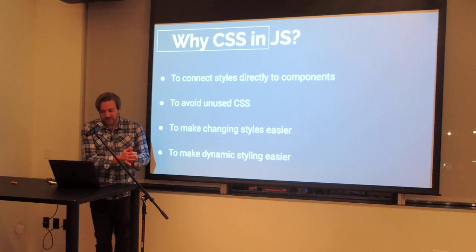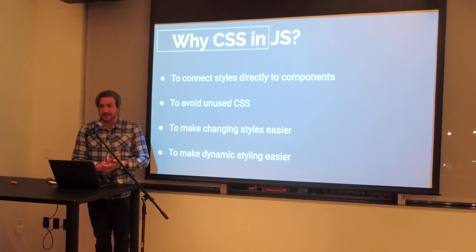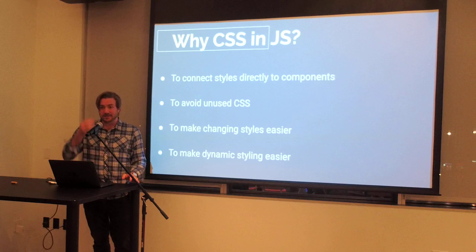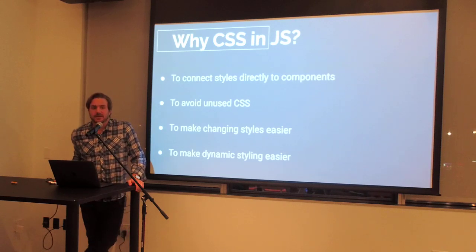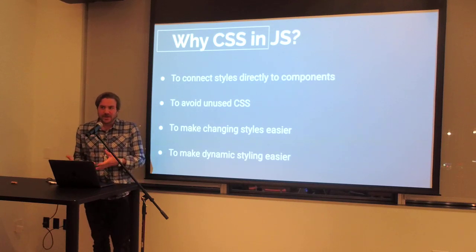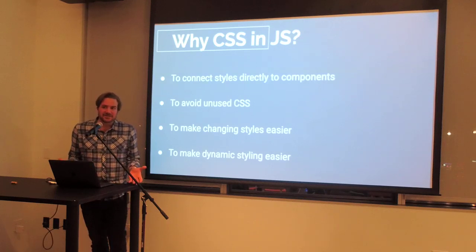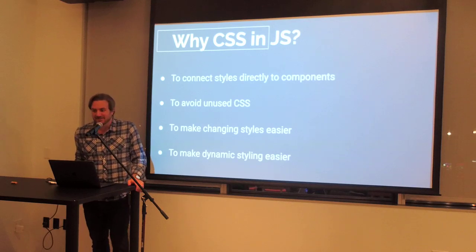The main reason for frameworks is to connect styles directly to components. I'll use React as an example here because that's what my demo is in. Components are already JavaScript and HTML, so you might as well bring CSS into it, allow it to come to the party, so to speak.